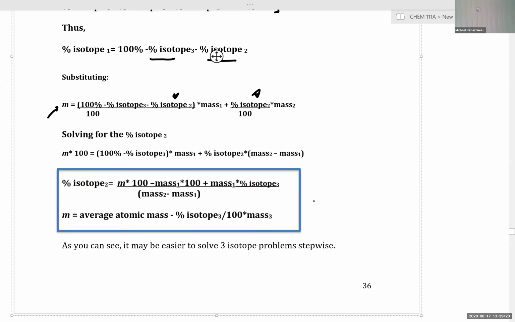So the percentage of isotope 2 is equal to the adjusted mass times 100 minus the mass of isotope 1 times 100 plus the mass of isotope 1 times the percentage of isotope 3, over, sorry, over the mass of isotope 2 minus the mass of isotope 1. So this is a modified equation that you'd use for a 3-isotope system.